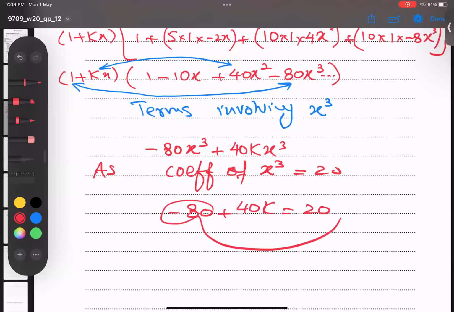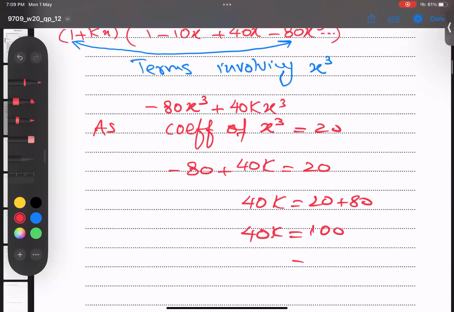This 80 goes to the right hand side, and I get 20 plus 80 becomes 100, and 40k comes here. So these zeros will be divided, and 100 divided by 40 gives 2.5, so k is 5 by 2.